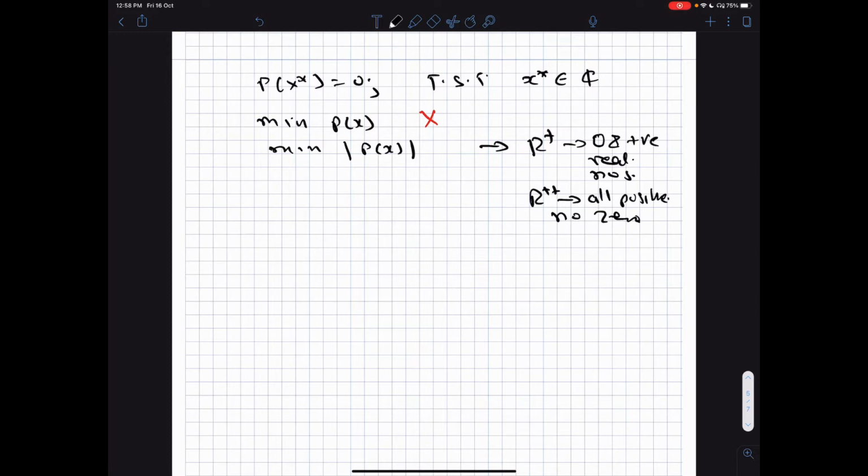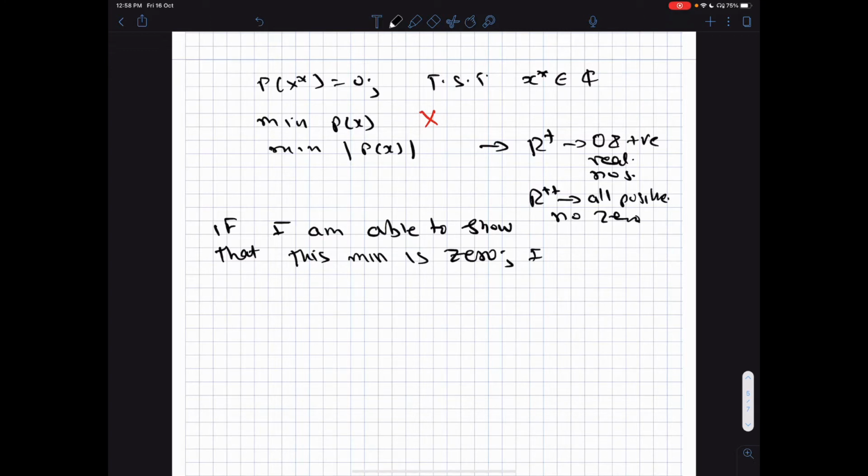Okay, so if I say minimize the absolute value of p of x, then you know that the minimum is going to be a non-negative number for sure. And if I am able to show that this minimum is 0, then I have found the root, is it not?